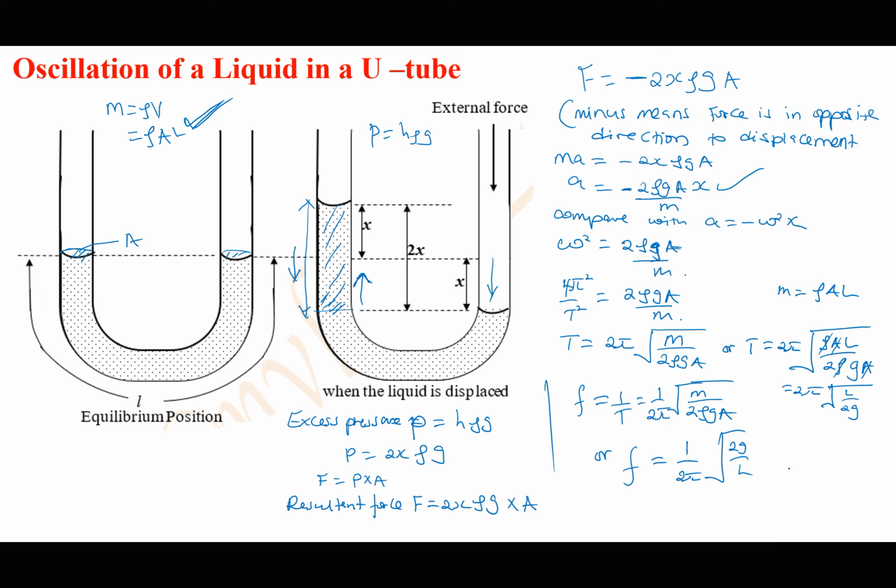So that is simple harmonic motion being approximated by a liquid in a tube. A liquid in a tube can oscillate back and forth, so it can approximate simple harmonic motion as we have shown there. Okay.